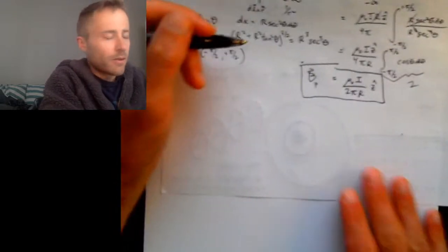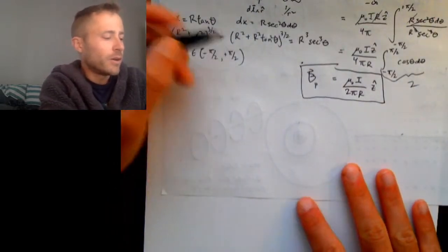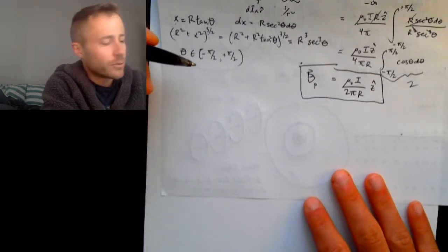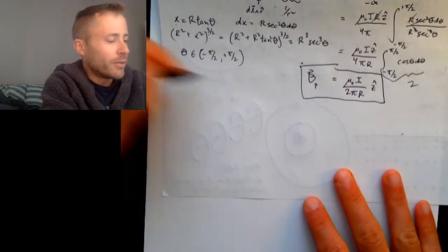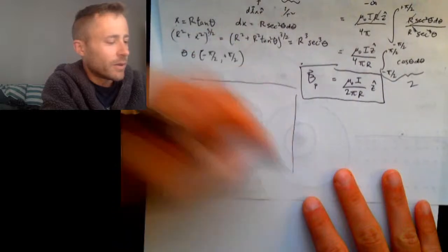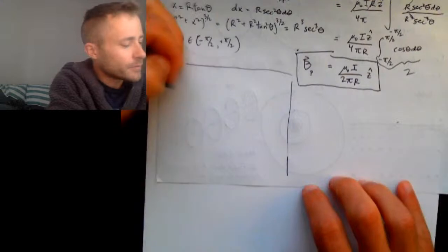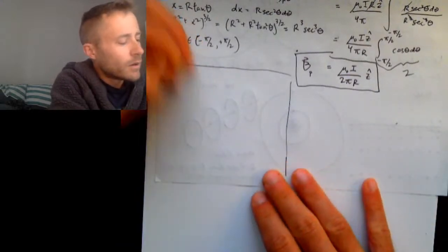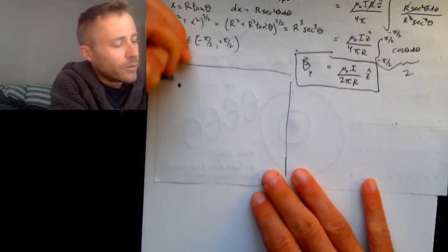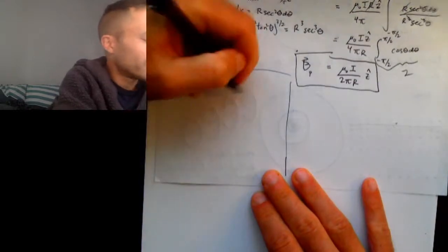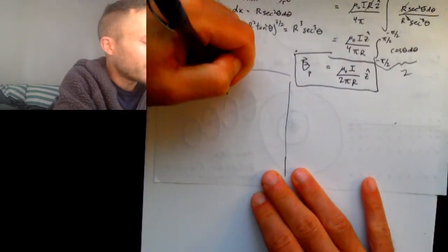Now, what if I asked you something where, I don't know, I was like, what is the magnetic field, you know, I have two wires carrying current out of the page.